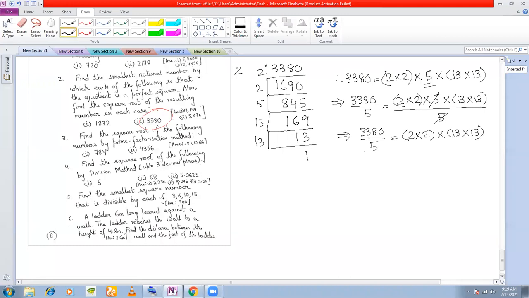So what is the least number, smallest natural number, by which 3380 is to be divided to make it a perfect square?